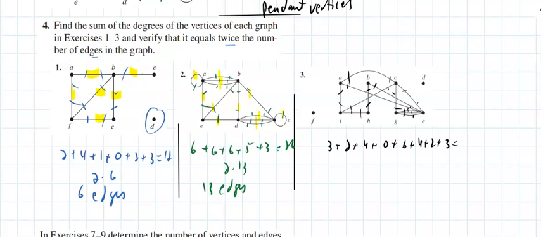That is 9, 19, 20, 24. So that would be 2 times 12. We should have 12 edges. So if I count the edges, 1, 2, 3, 4, 5, 6, 7, 8, 9, 10, 11, and 12.